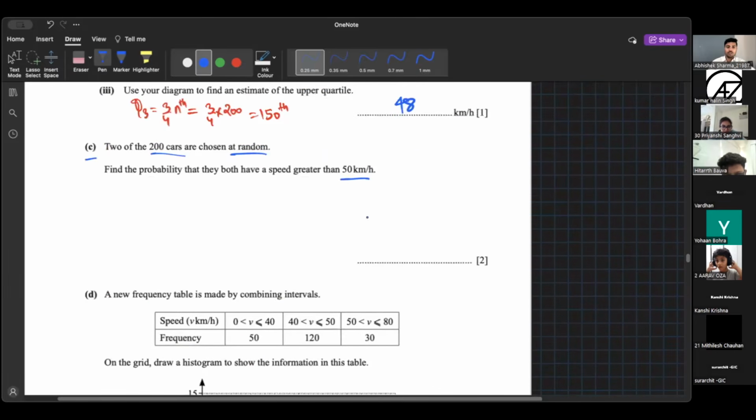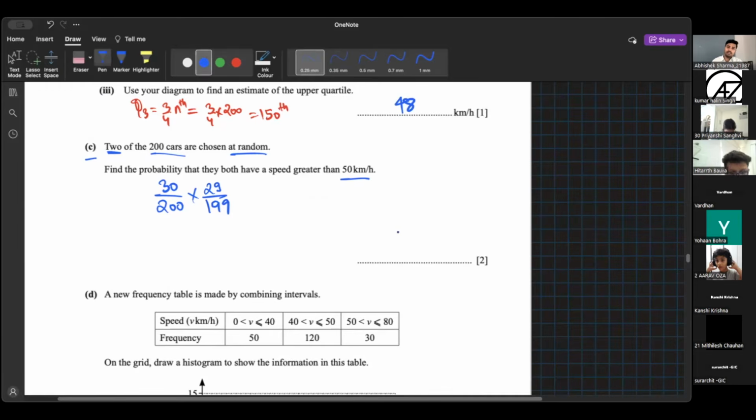And there are two cars chosen at random. So can we say 30 divided by 200 multiplied by 29 divided by 199, and do this calculation.